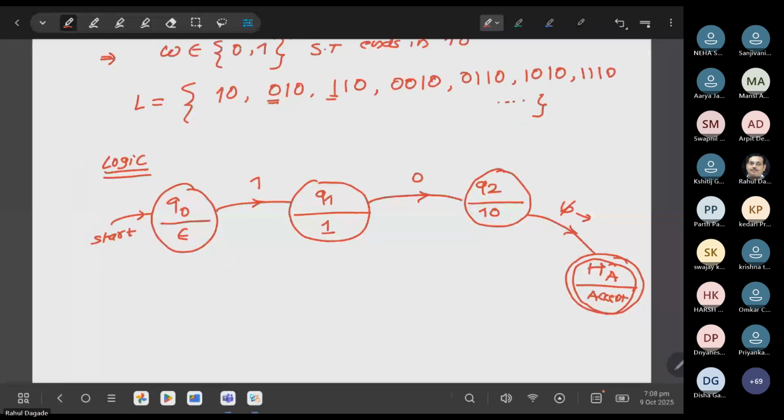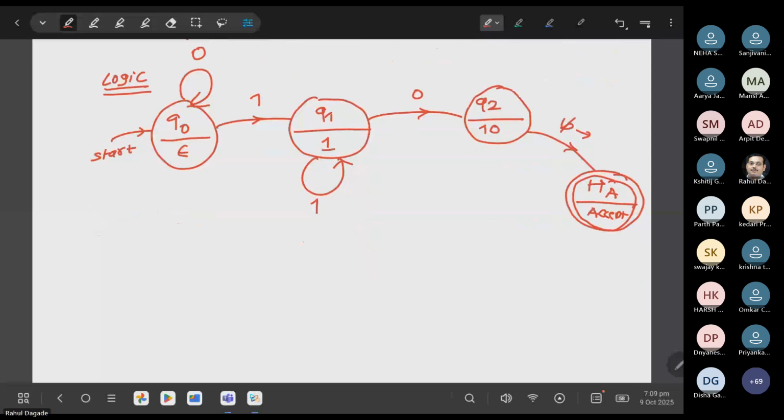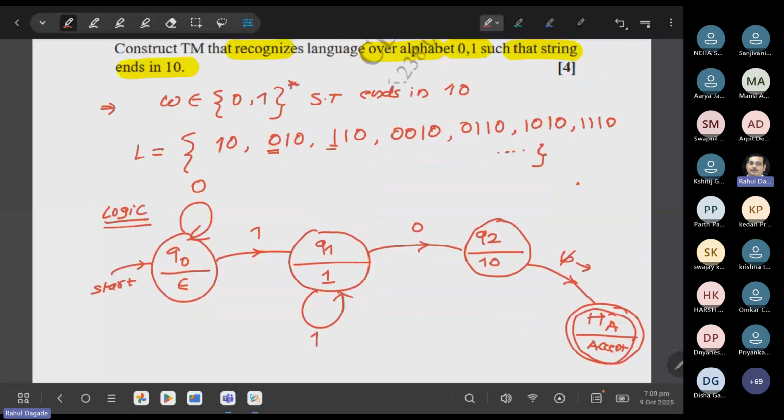Now, if in Q0 state I get 0, I'll not move ahead because I have to end the string in 10. So for 10, I haven't got anything. So for 0, I'll remain here. In Q1 state, if I get 1, I'll remain in the same state because after 1, if I get 1, that means I just need 0 to go to the final state.